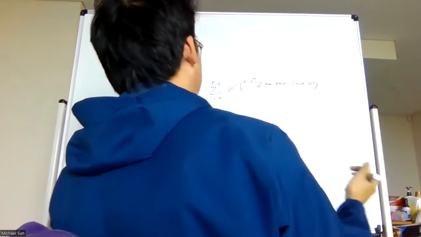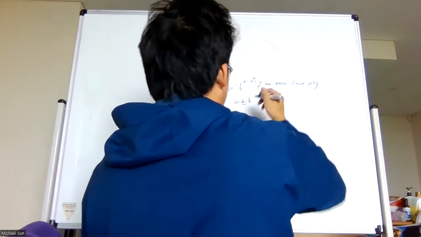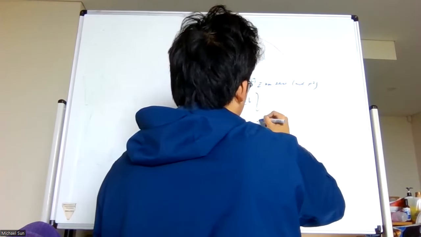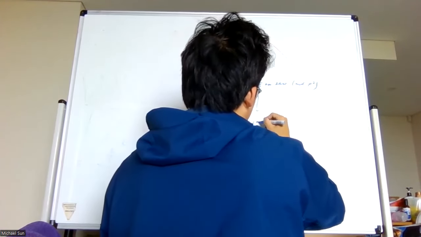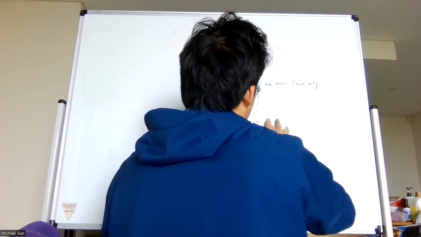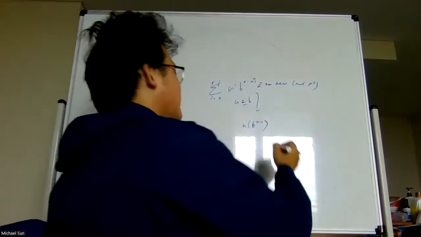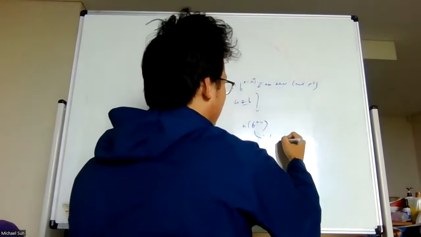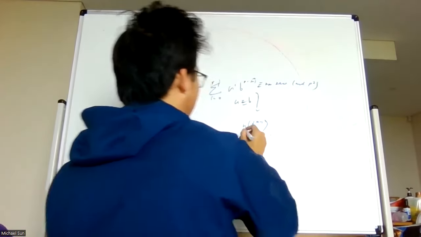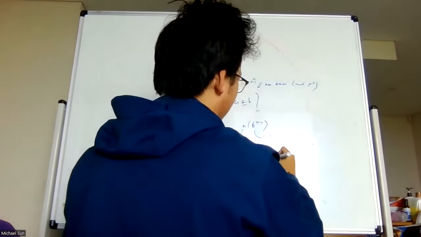What we use here is a congruent to b modulo p, and then we derive that this is equal to n times b^(n-1). The two pieces of information that we use here are that b is coprime, and the other piece of information is that n is also coprime, right?